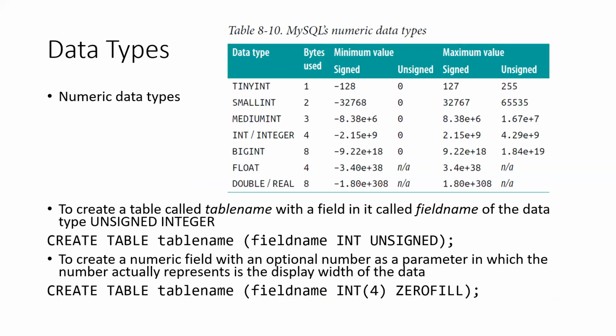Okay, the number types. So how do you store numbers? Usually we talk about integer, especially when you want to store integer values. But if you just say integer, it uses 4 bytes. So if you have 4 bytes, you can see there are 2 values, signed and unsigned.